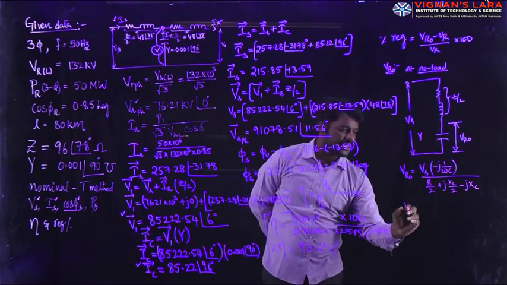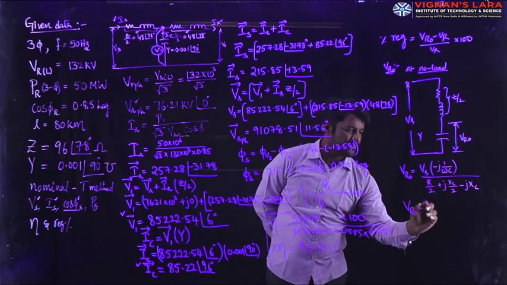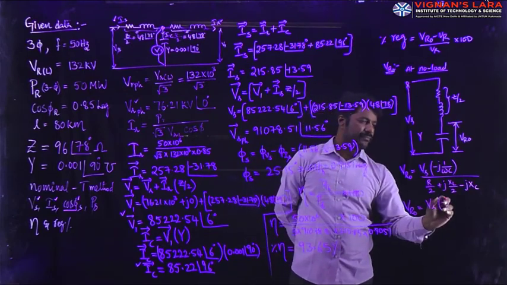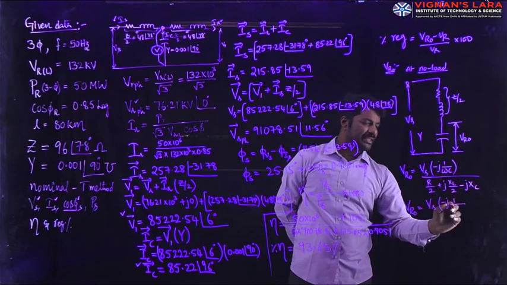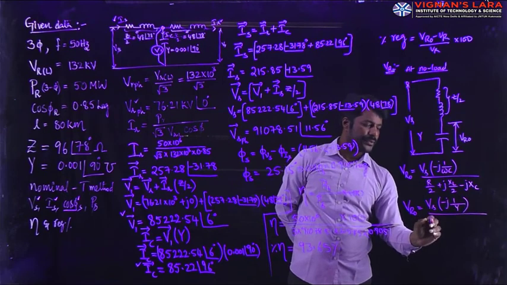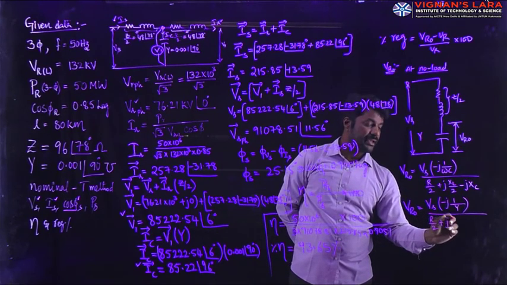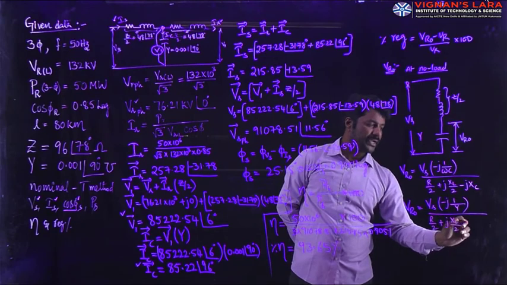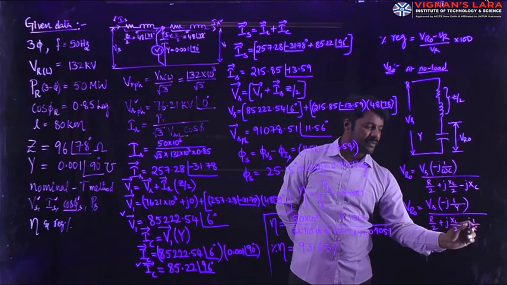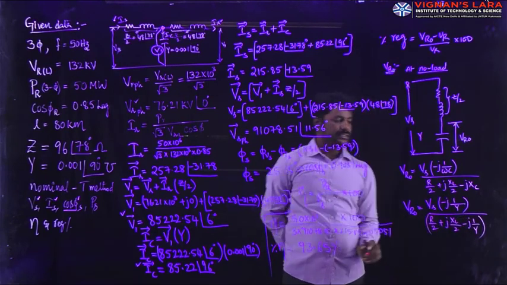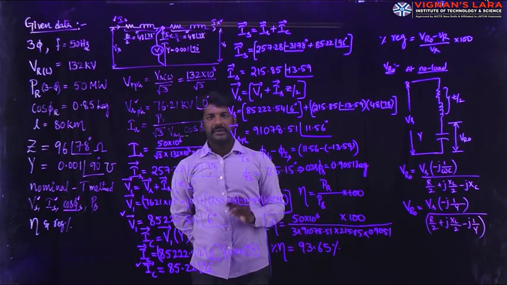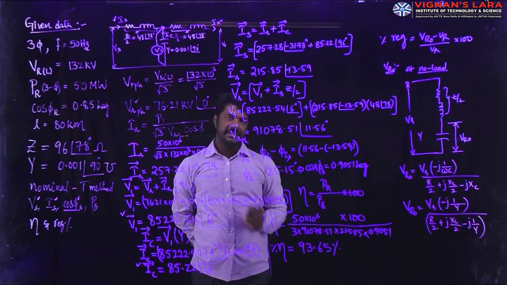For further simplification, you can write VR naught as Vs per phase value multiplied with minus j, 1 by omega C, which is nothing but Y, so Y divided by R by 2 plus j XL by 2 minus j XC. What is XC? 1 by omega C can be written as 1 by Y. Right. So with this we completed the mathematical expressions and formulas for the nominal T method, both for single phase and 3 phase. Okay.